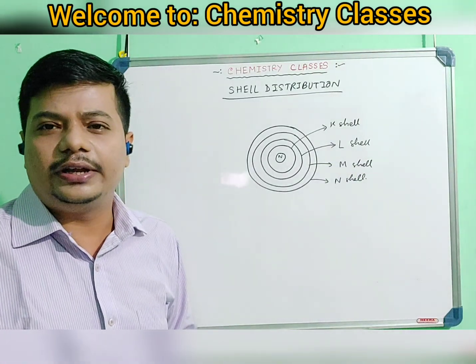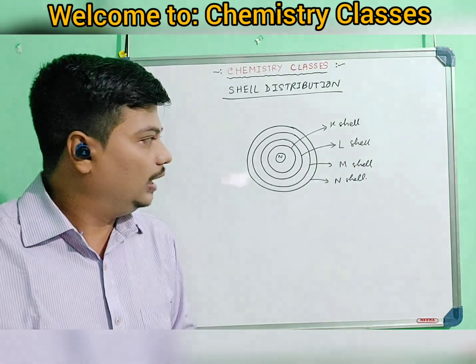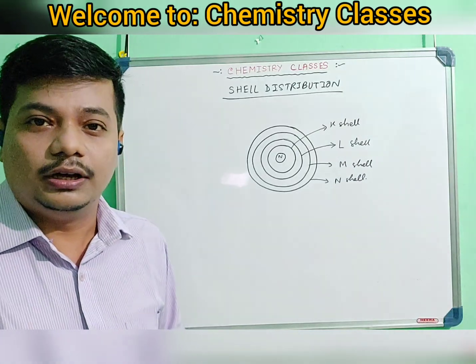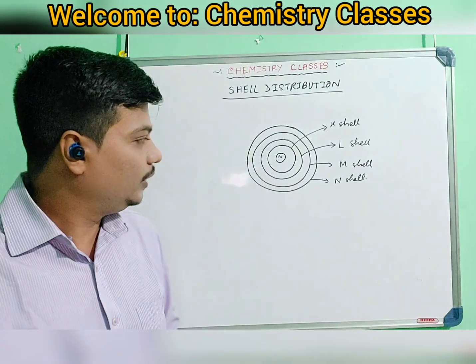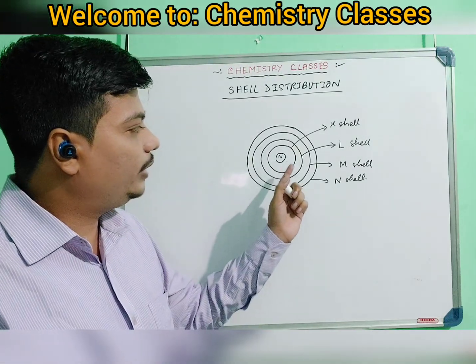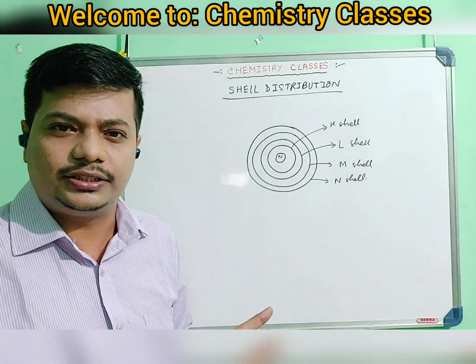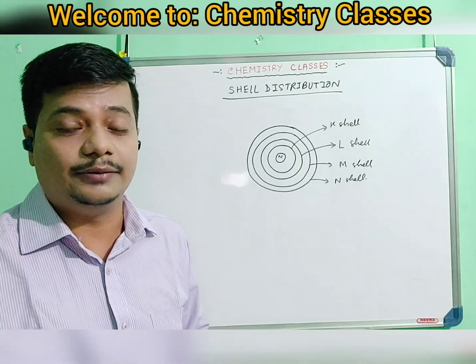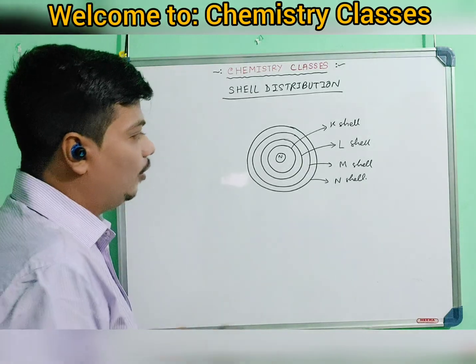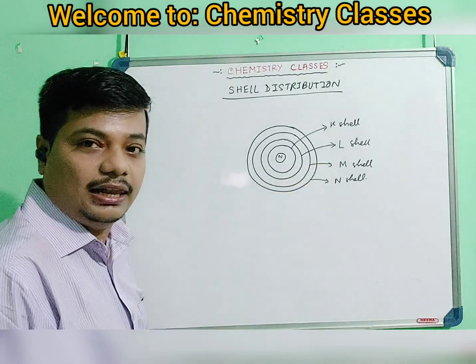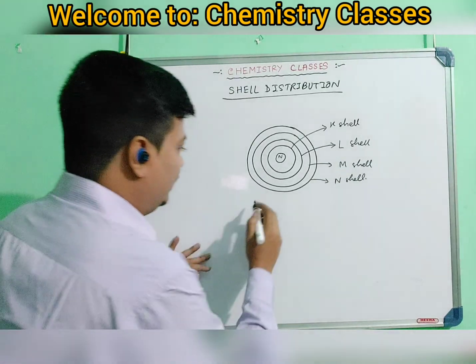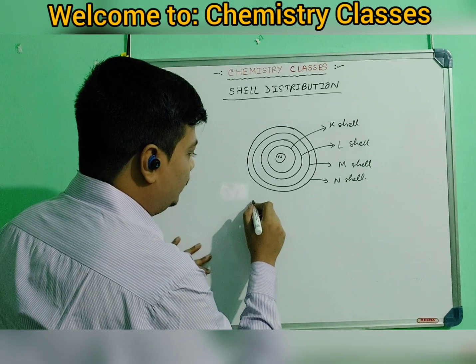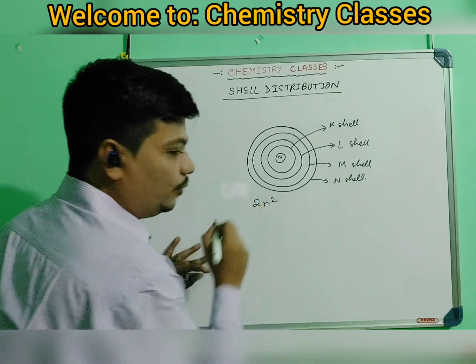Now you must be wondering what are these shells? These are the shells on which the electrons rotate. Now you might be wondering how many electrons in each shell can rotate. Yes, there is a limited capacity for that. For each of these shells, there is a certain capacity, and that is determined by the formula 2n square.